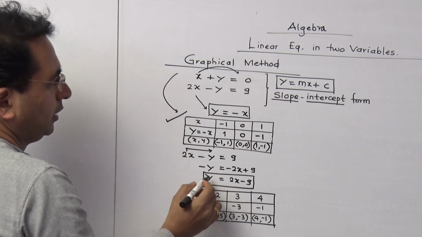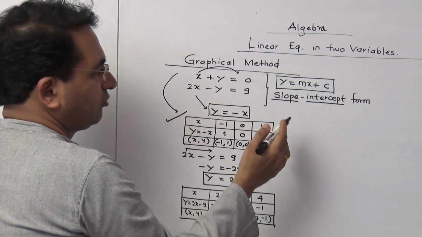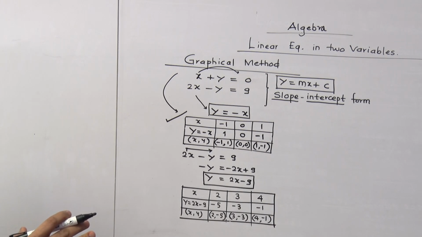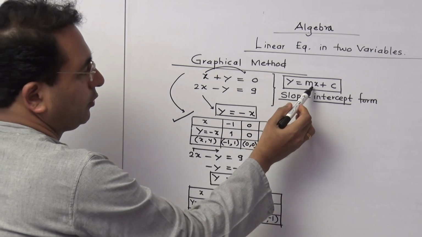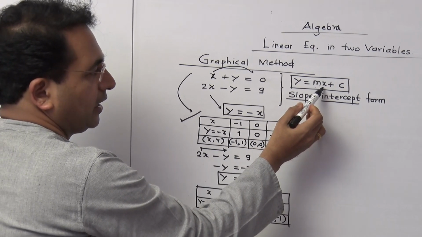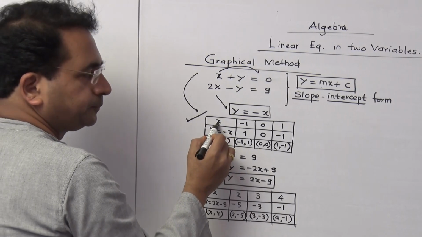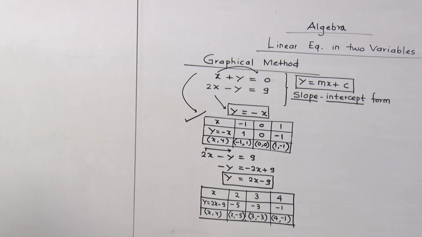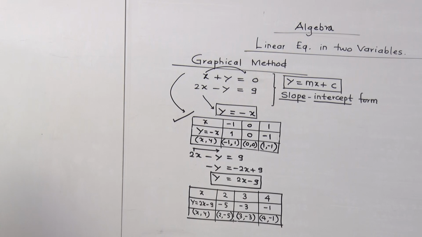Again I repeat, while drawing the equations and solving the equations by graphical method, we have to convert the equations in such a way that always they will be in this form, y is equal to mx plus c. And once you have written this portion x, we can use any value of your choice, but see to it that they will always fit on the graph.